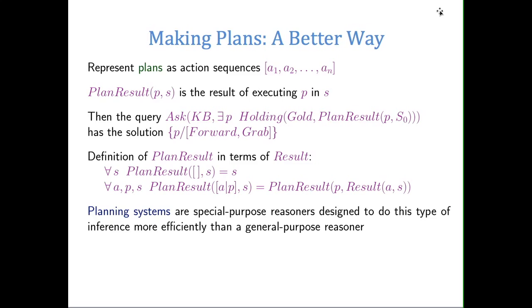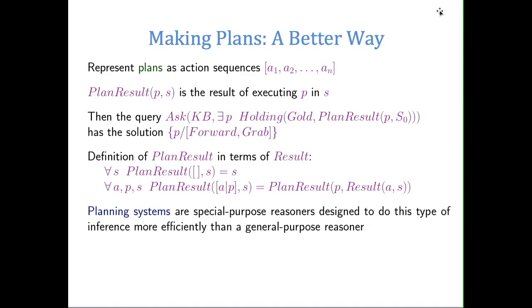So action 1, action 2, and so forth is in a list, where the plan result of P and S is the result of executing P in S. So in this case, when we ask the query, is there a P that gets us to the situation of holding the gold in the plan result that starts with the initial situation, we'll come up with a binding where the action sequence is move forward and grab the gold, which makes sense.